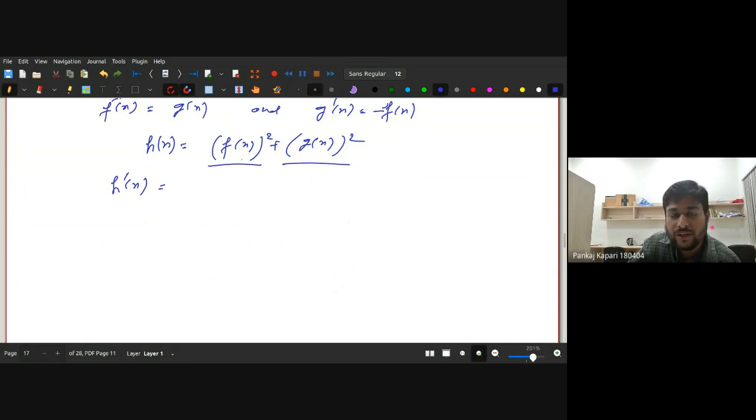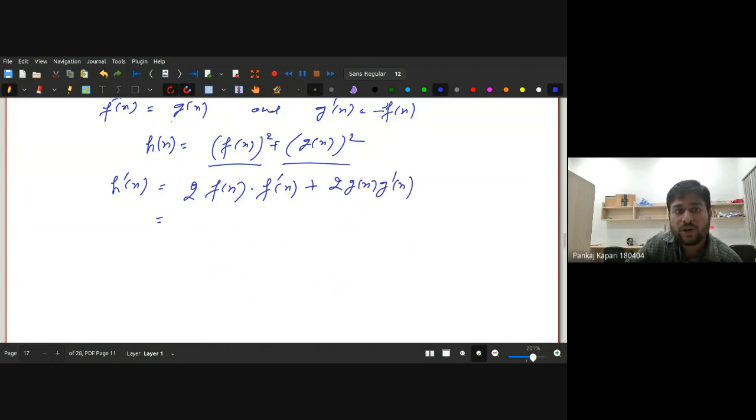To differentiate the first function, we apply the chain rule because it's a square of a function. So we get 2 times the function, and then we differentiate the function, that means f prime. Similarly, for the second function, this is 2 times g(x) into g prime.